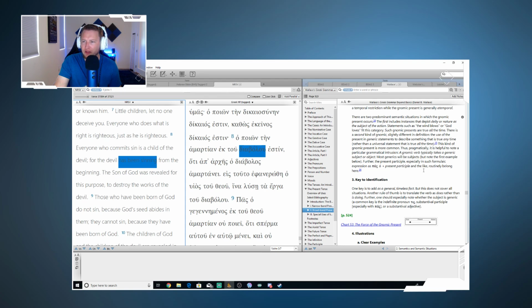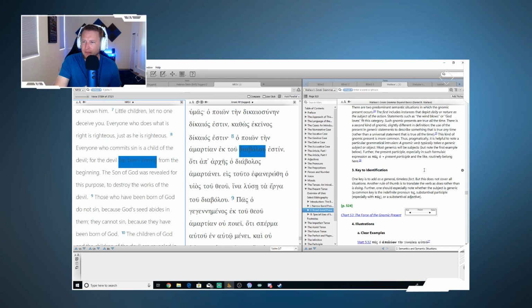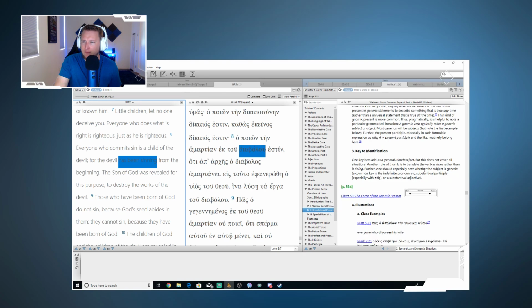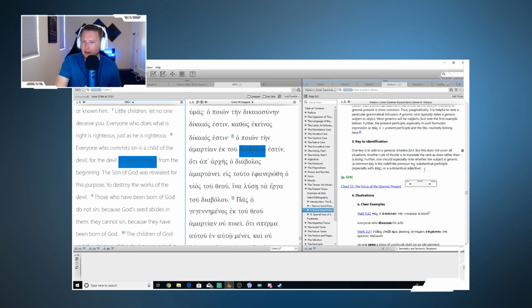A gnomic verb typically takes a generic subject or object. Translate the verb as does rather than is doing.